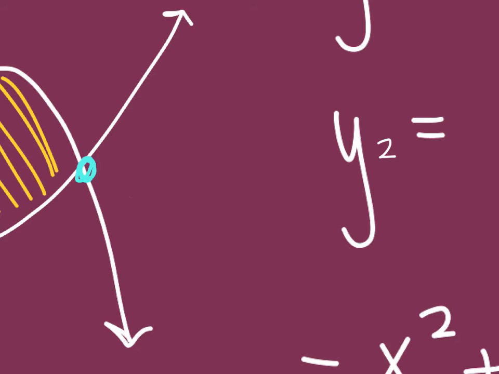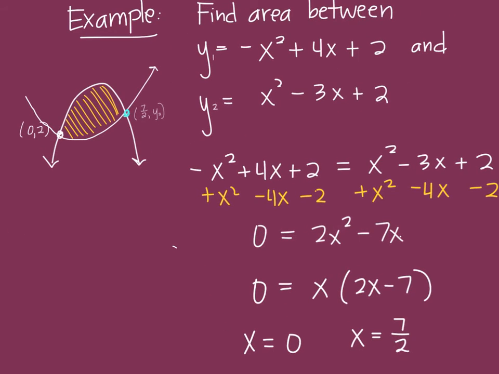You don't have to find the y value of the intersection point unless you were integrating in terms of y. So this is 7 over 2, comma, and then it's the other y coordinate. It doesn't matter what that y coordinate is because we're only going left to right. We're not going up and down.